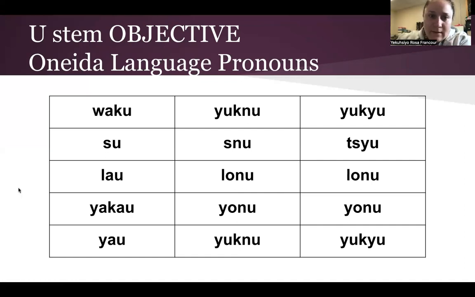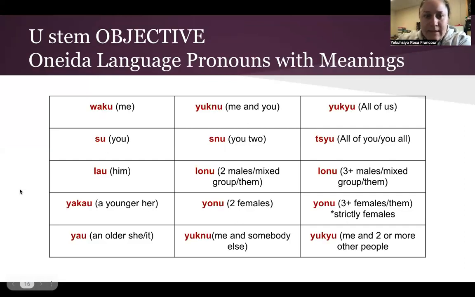All right, so that is our use stem objective pronouns. Again, same meanings. Whatever pronoun is in that spot, that's your meaning. So wagu is me on the objective side, zoo is you, lao is him, yagao is her, yao is older she or it, and so on.